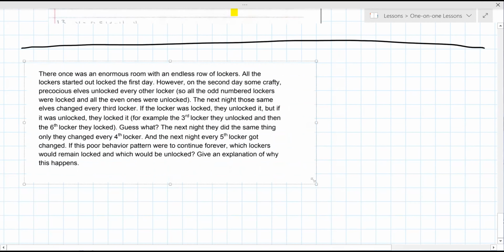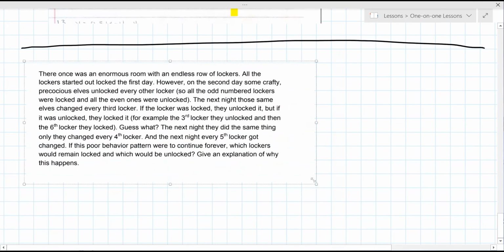Okay. All right. So you should be seeing my screen. I created a locker sequence here. The lockers start out locked? Okay. So we're going to use a 1. Is 1 okay to mean locked, or do you want to use 0 for locked?